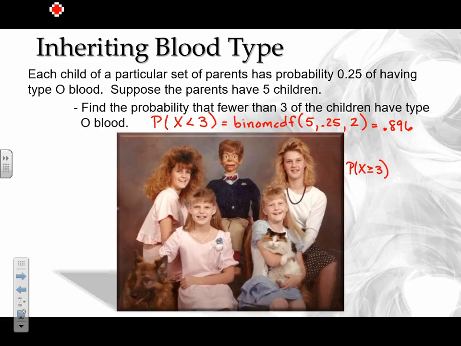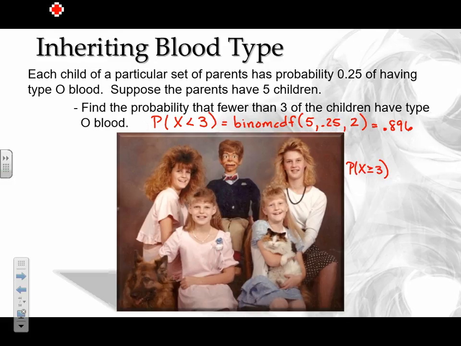So if I'm looking at the probability that x is greater than or equal to 3, I need to look at the complement. So if I want 3 or more, what I don't want would be 2 or less, right? So I would do this binomial CDF: 5 trials, 0.25 for success, 2 successes.